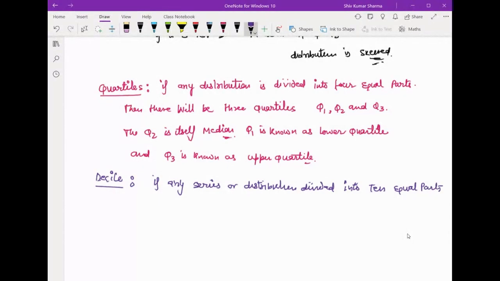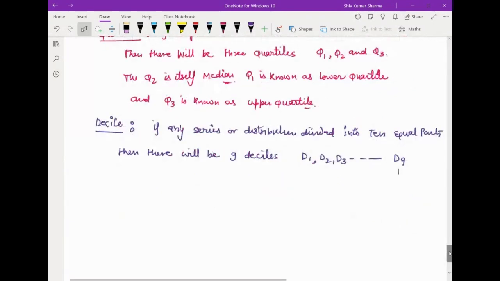Then there will be 9 deciles. We denote them as D1, D2, D3, and so on up to D9. So this is for decile.